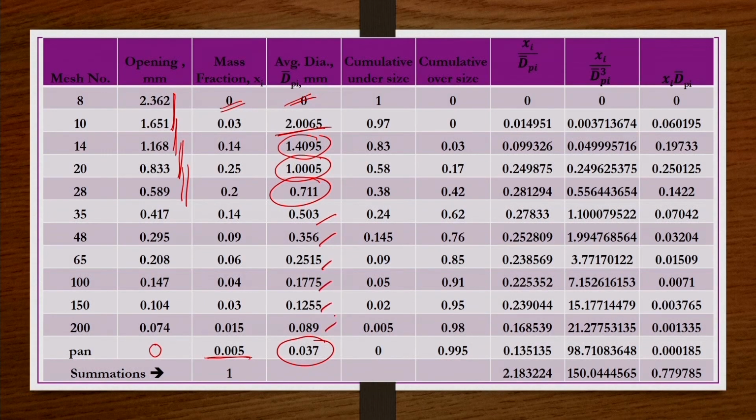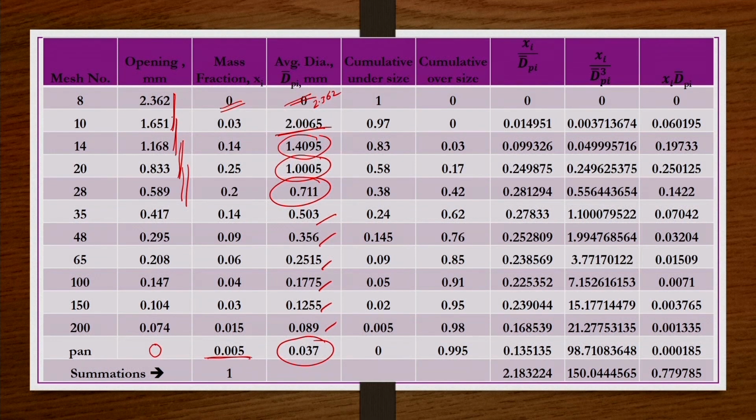Now, the first part of the question is the cumulative undersize and cumulative oversize plots. Let us see undersize first. Undersize means the fraction of material smaller than Dp. For Dp equal to 2.362, what is the fraction of material having size smaller than 2.362?